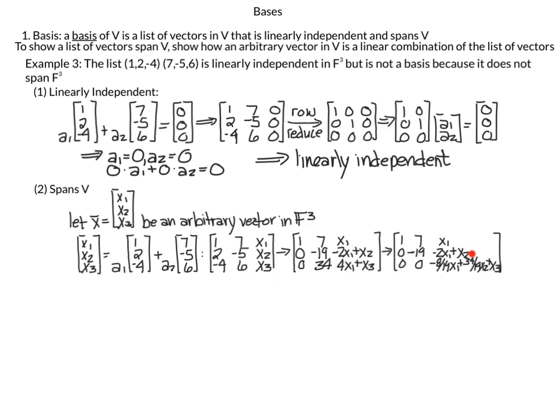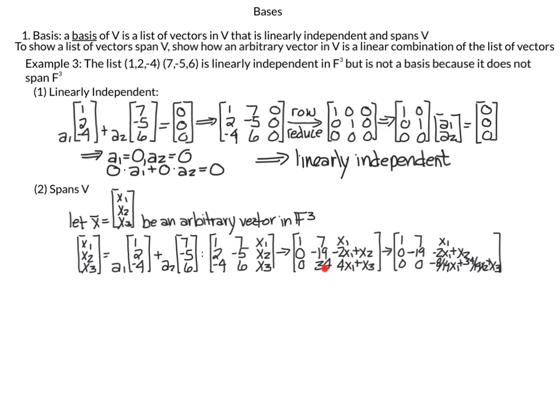And I row reduced this by hand so you can see what I did. For the first step, I multiplied this top row by negative 2 and then added together. So I get 0, negative 19, minus 2x1 plus x2. And for the bottom, the first step I did is I multiplied this top row by negative 4 and then added the first and third rows together, and I got 0, 34, and 4x1 plus x3.